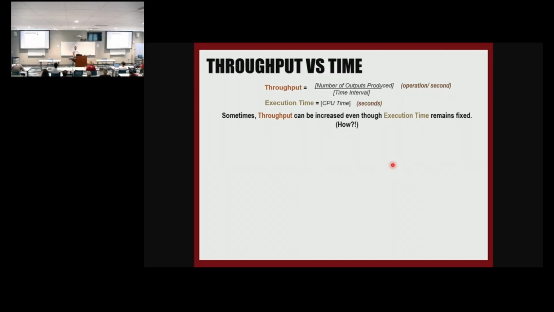That's one way of doing it, right? But it doesn't have to be like that. So just as a thought experiment for us, how do you think we can increase the throughput without making any improvement in the processor?